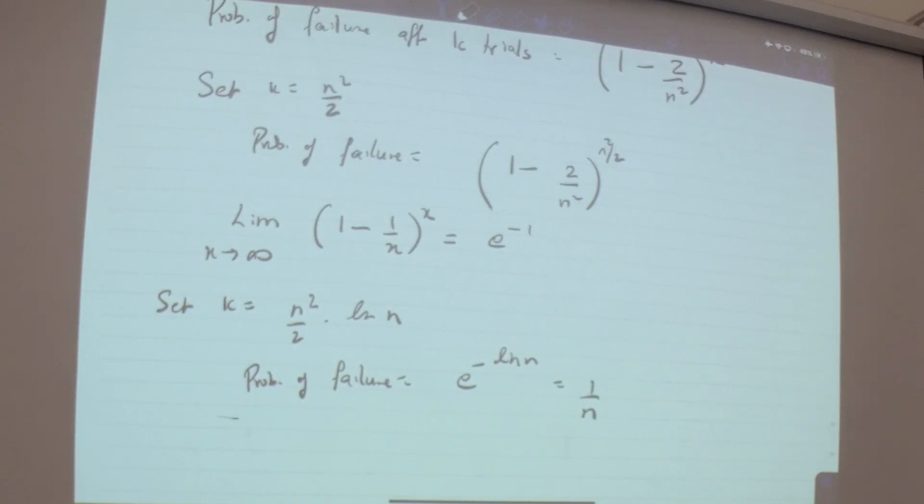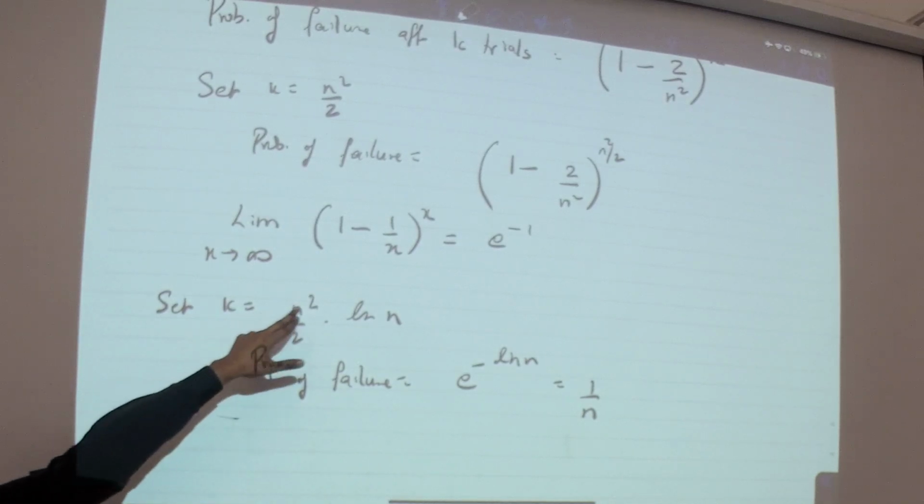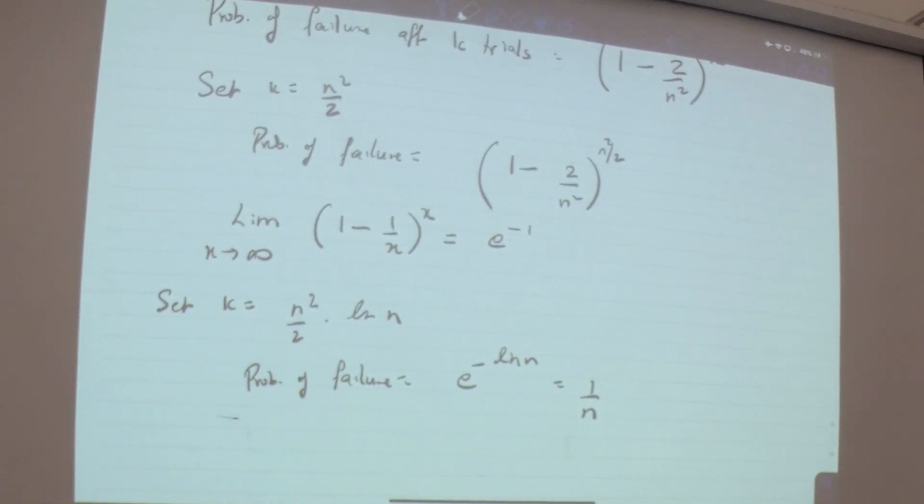I've gone from a success probability of 2 over n squared to a failure probability of 1 over n just by running this repeatedly. That's it. I now have the procedure that with a success probability of 1 minus 1 over n will generate a min cut. The procedure is to do n squared log n over 2 times the previous procedure.